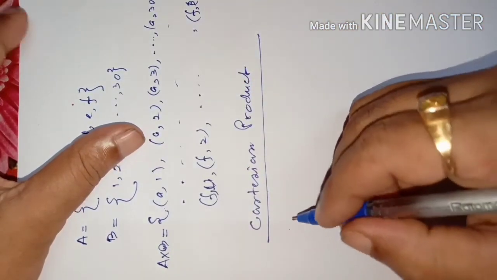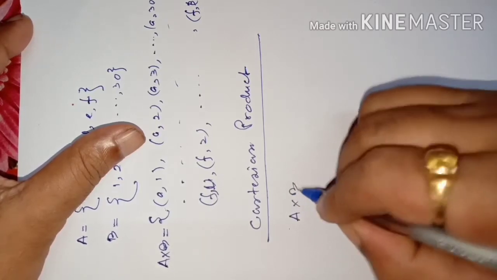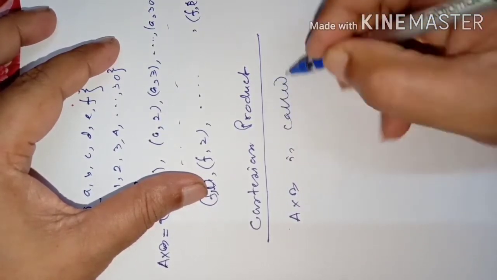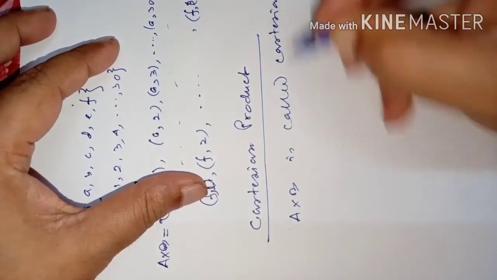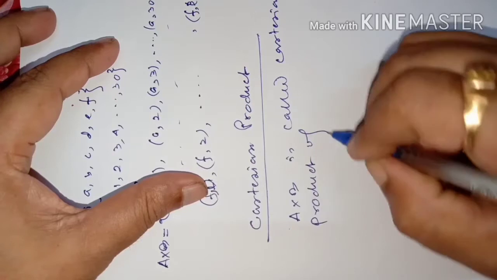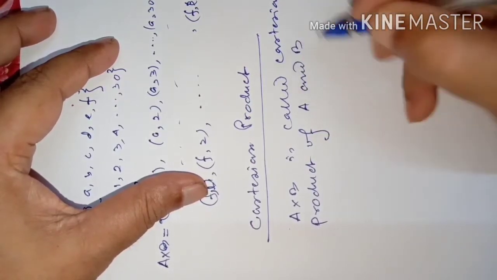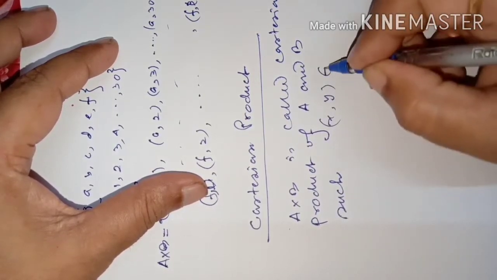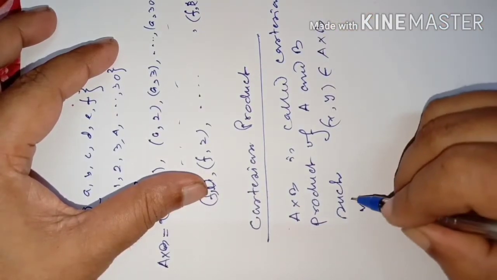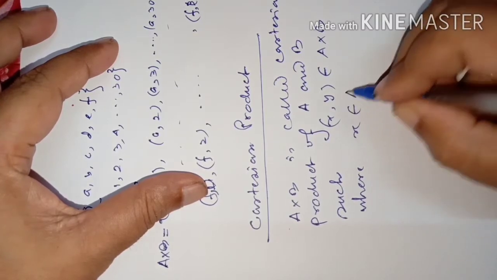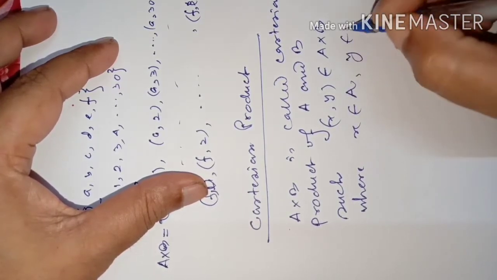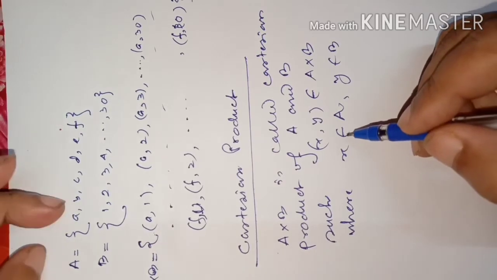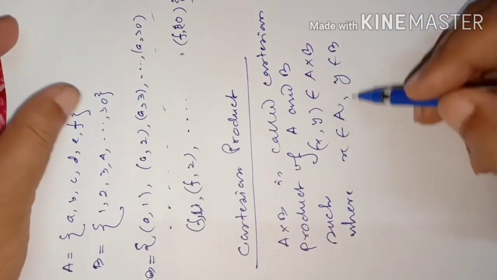If A and B are two finite sets, then A cross B is the Cartesian product of A and B, such that x comma y belongs to A cross B, where x is an element of A and y is an element of B. Okay, x belongs to A means x is an element of A. The first one is an element from A, the second one is an element from B.